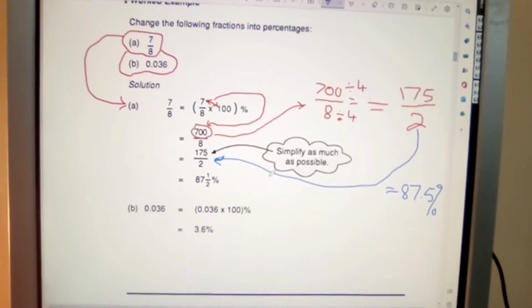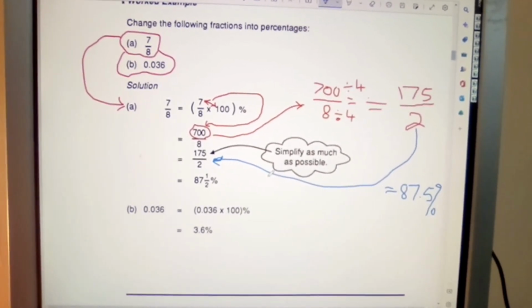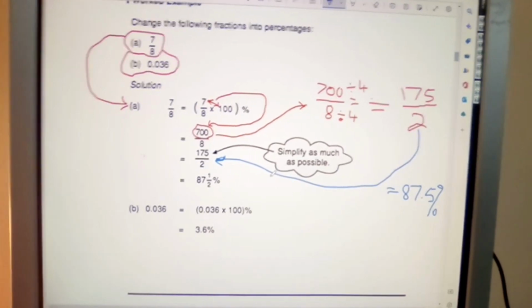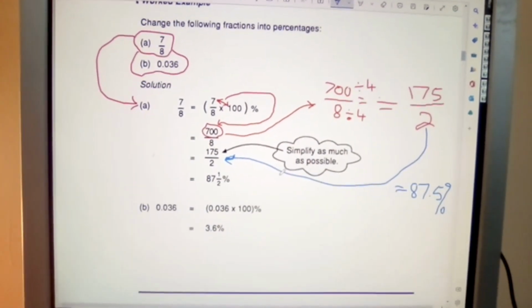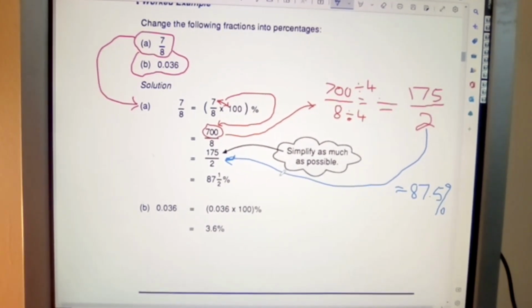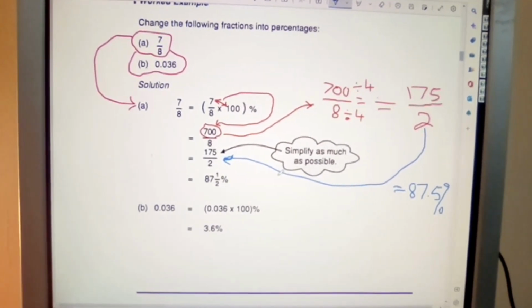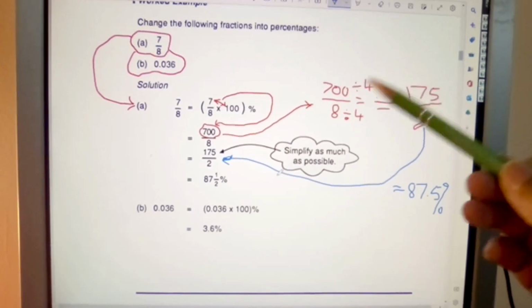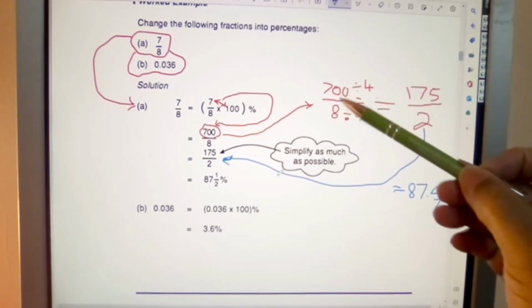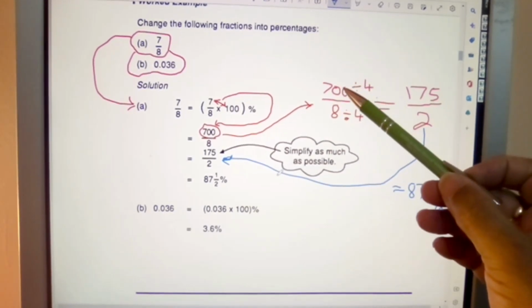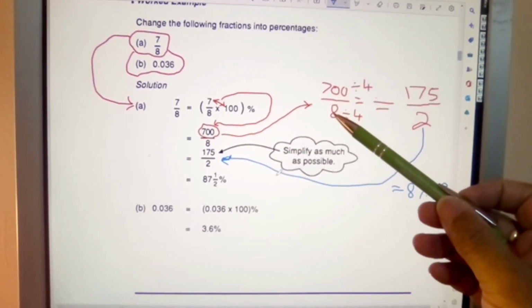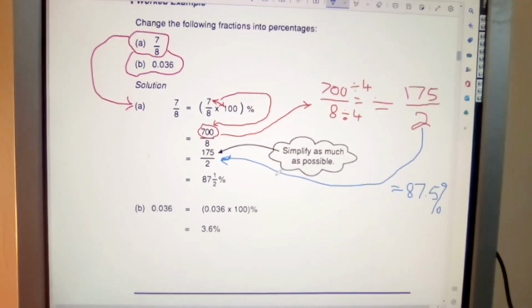Go back to your timetables and always look at that as a point of reference, because that is where this mathematical process will come into its own. You can apply your timetables to this process, and you will find a number that will go into both top and bottom, denominator, numerator.